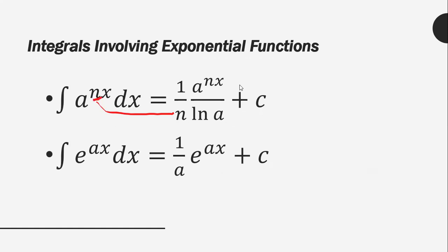Then we copy a raised to nx. This entire expression will be copied. Then we divide by the natural logarithm of a. So whatever the base is, you put it as an ln of a. And then of course, we have this constant of integration always as part of the antiderivative.